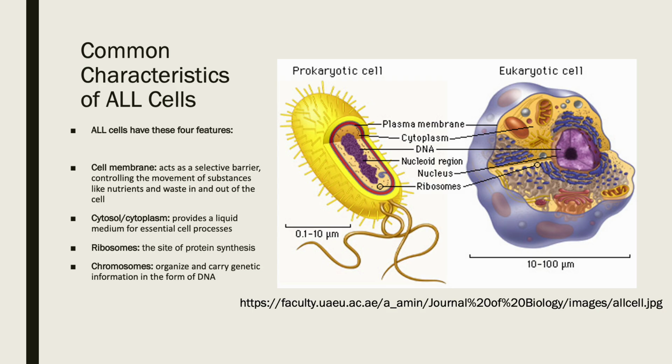And lastly, every cell has to have some genetic material in the form of chromosomes. So chromosomes are strands of DNA that are wrapped around proteins, and all cells will have DNA genetic material with some protein in there, and we call that combination of DNA and protein a chromosome. So definitely know these four characteristics, ubiquitous to all cells.